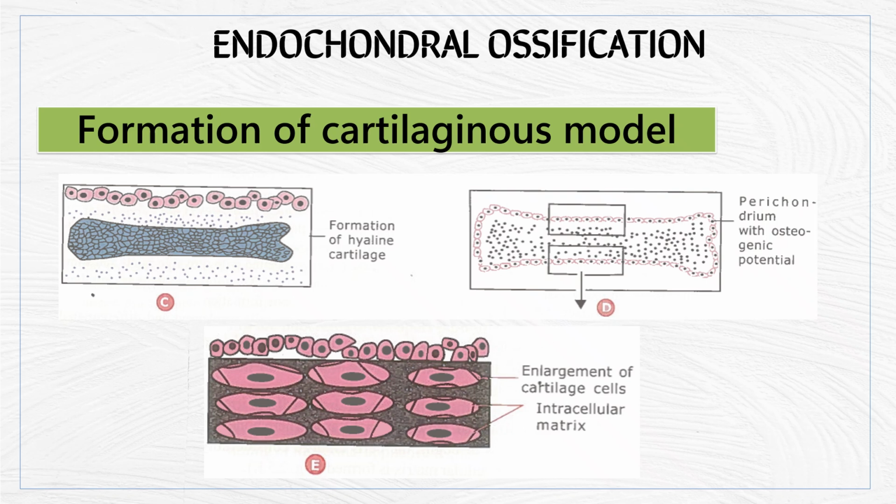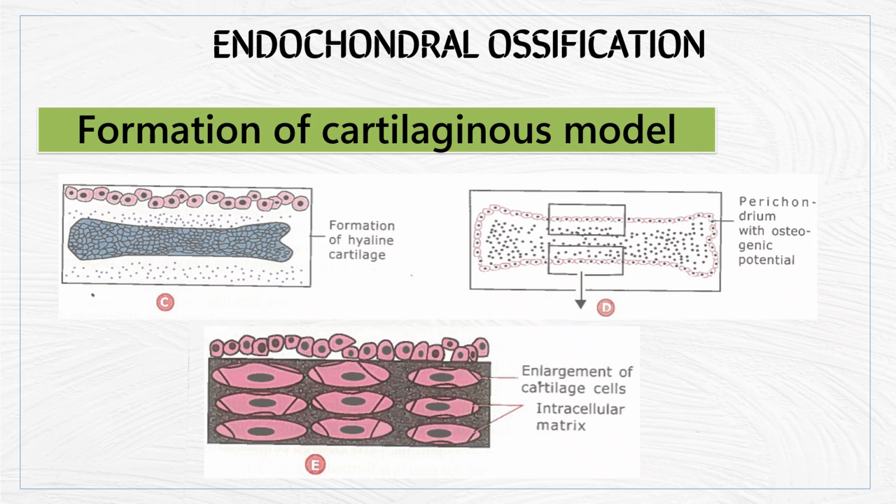Then the second step is formation of cartilaginous model. Once the mesenchymal condensation takes place and perichondrium is formed, the cells of the cartilage at first will be small and irregularly arranged. But whenever the bone formation begins, depending upon the conditions, the cells become enlarged.